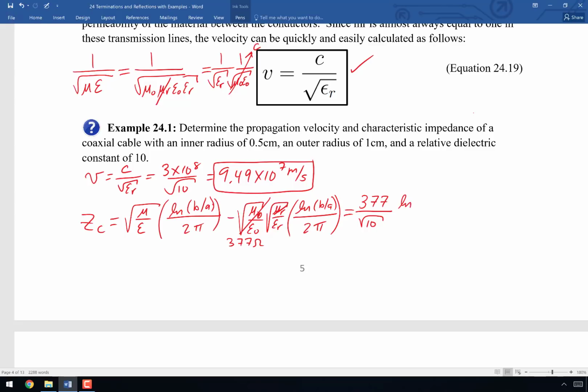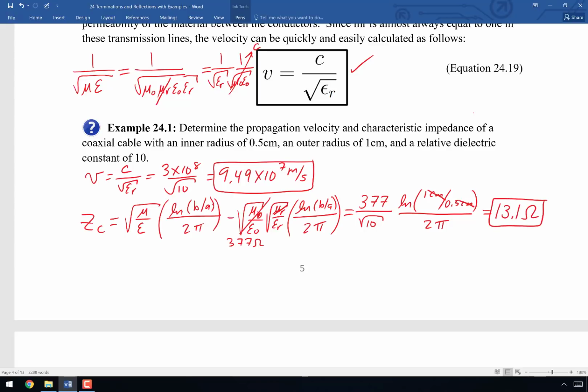And then we have natural log of b divided by a. B is the outer radius, so that's going to be 1 centimeter divided by 0.5 centimeters. And I didn't need to convert those into meters because the units are going to cancel out. And that's divided by 2 pi, and that's going to give me 13.1 ohms.